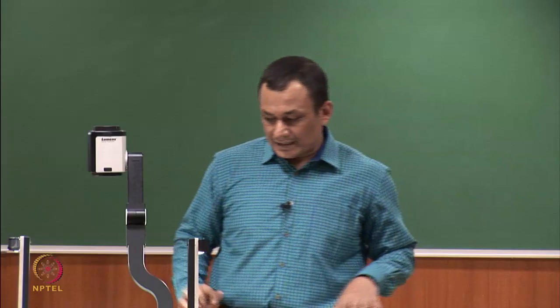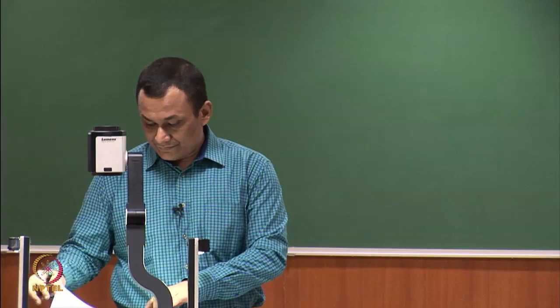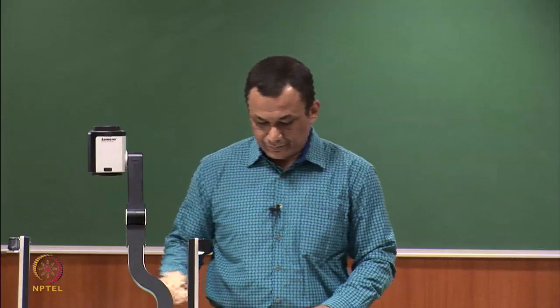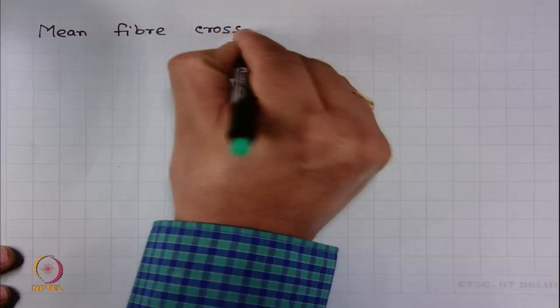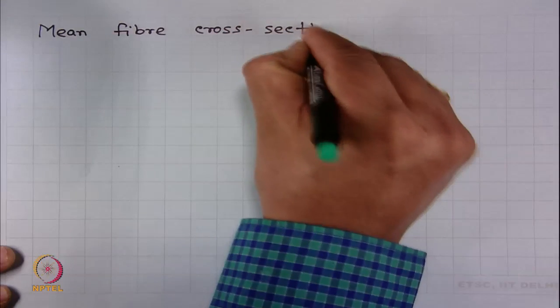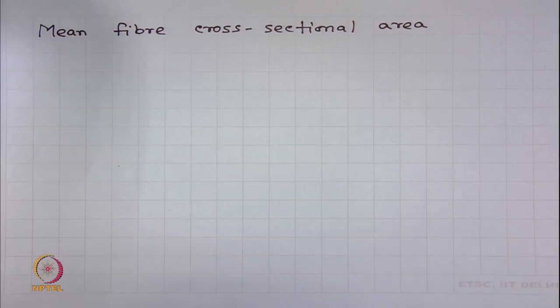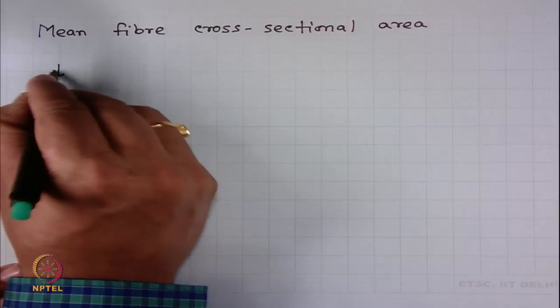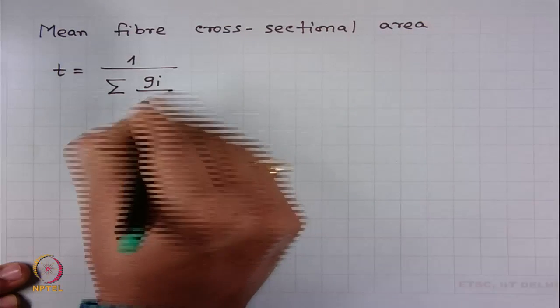Now, we go for another characteristic, that is mean fiber cross sectional area. Now, we have just now obtained T is equal to 1 by summation gi by Ti.